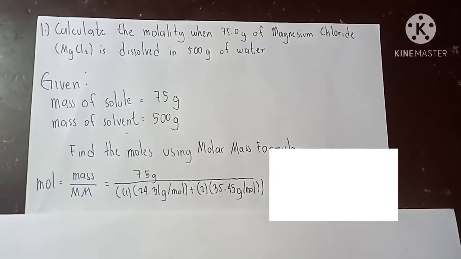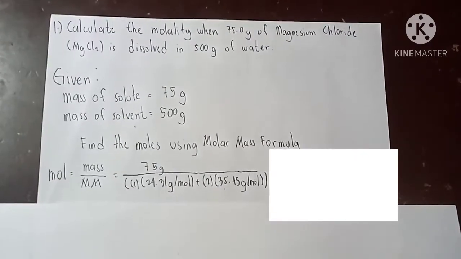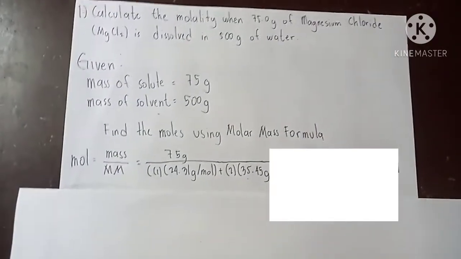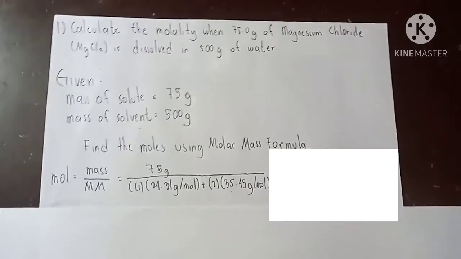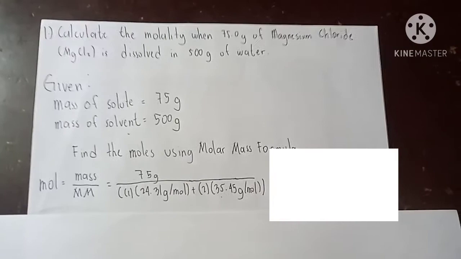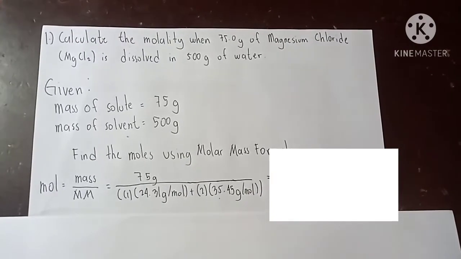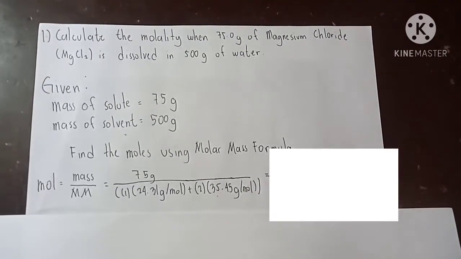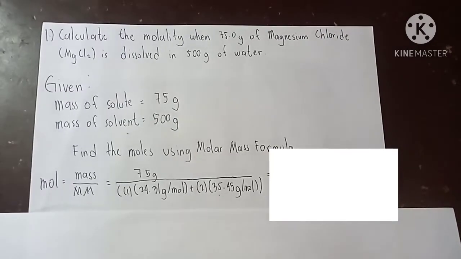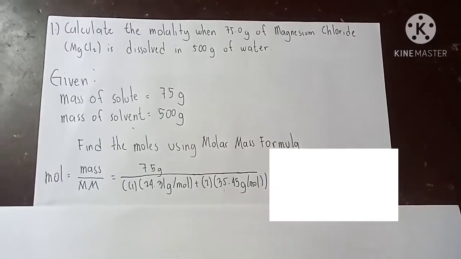So it is equal to 75 grams divided by, in order to get the molar mass, we need to add the atomic weights of the two constituent atoms, which is the magnesium and chlorine.